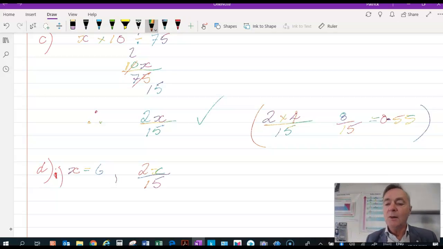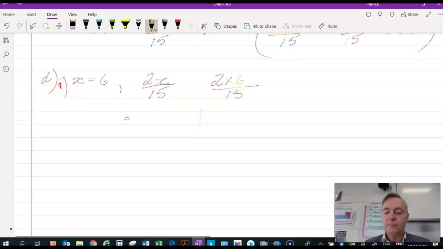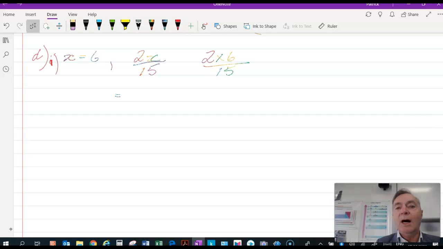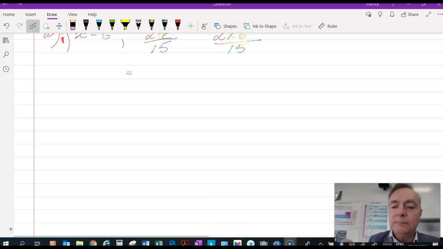We've got 2 times 6 over 15. So we have 12 over 15. 12 over 15.